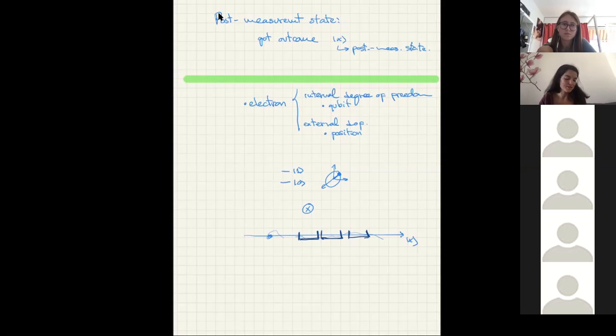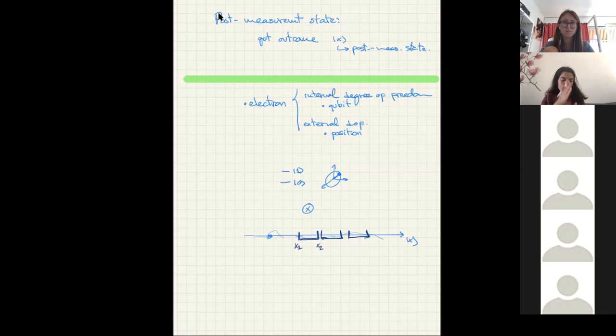So let's derive this. Now we want to know if the particle is in this position, say from x1 to x2. And the measurement is exactly this.